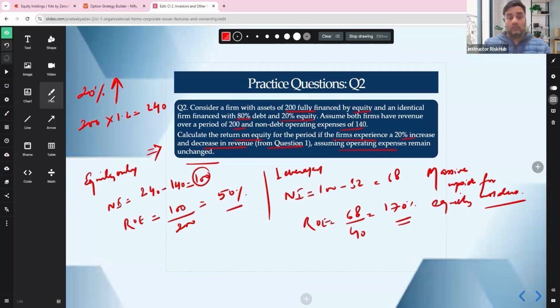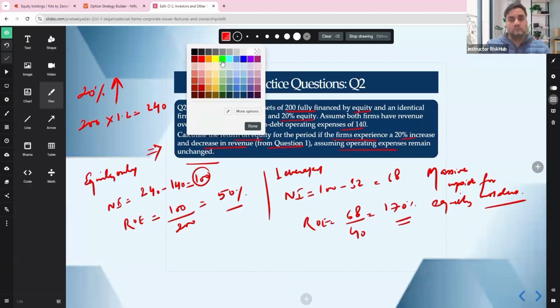Okay, this is one case, 20% increase in revenue. In case there is a 20% decrease in revenue, what will we do?